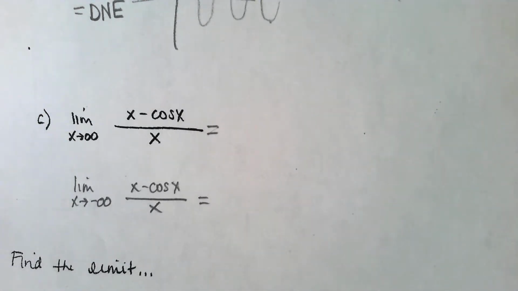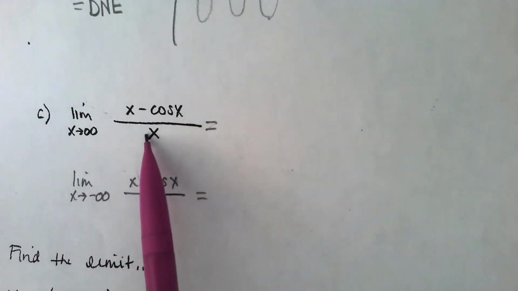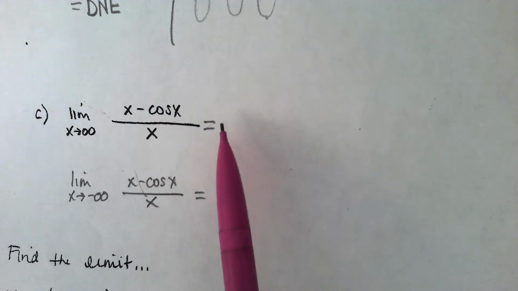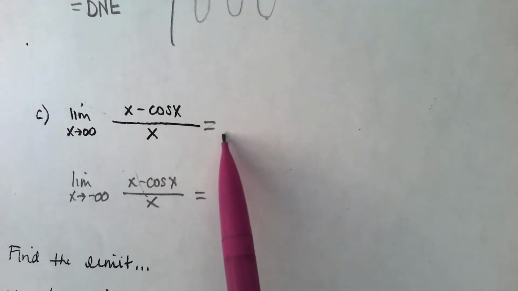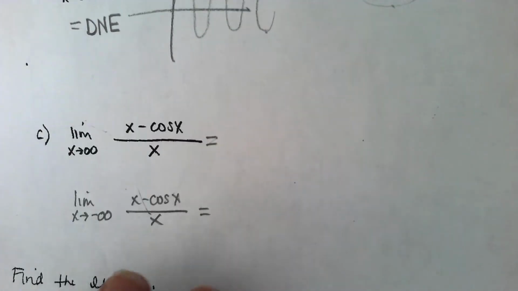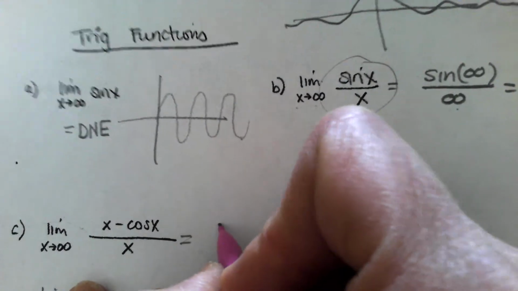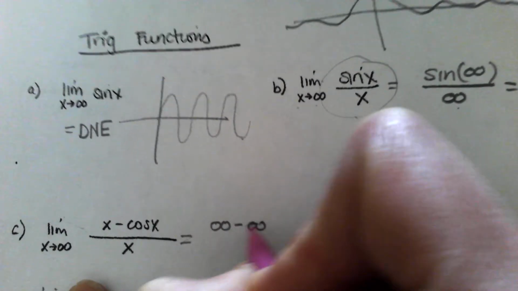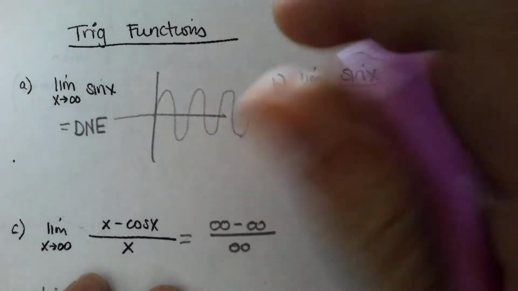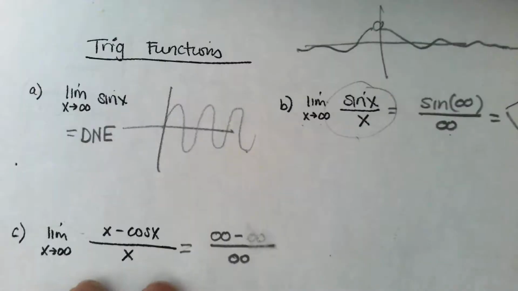All right, Lauren, what did you get for the first one? Raise your hand if you got 1. Nice. So if you plug in infinity, oops, it's cosine of infinity.